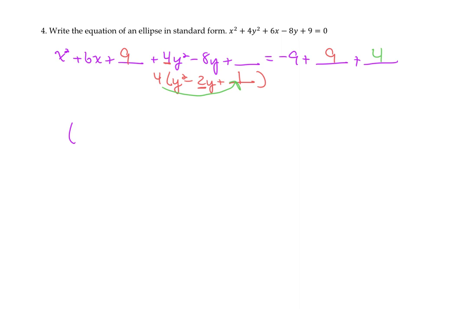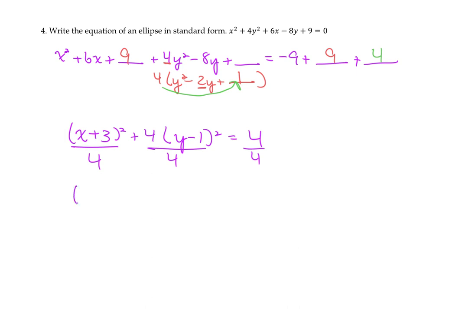Now I'm going to factor this, and this becomes (x plus 3) squared plus 4 (y minus 1) squared equals 4. Now I'm going to divide everything by 4 because I need to make it equal to 1. So this is (x plus 3) squared over 4 plus (y minus 1) squared over 1 equals 1. So I have a horizontal ellipse because the value underneath the x is larger.